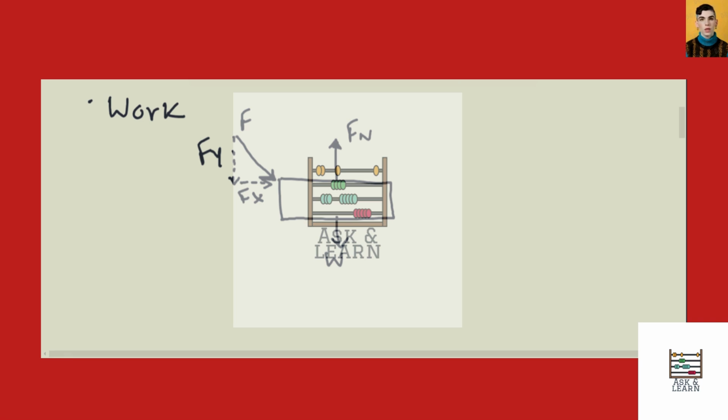So since the block is moving to the right, the friction is to the left, the force of kinetic friction. And because the block is pushed into the spring, the spring is going to move it back to the left by some force. So the force through the spring is to the left.